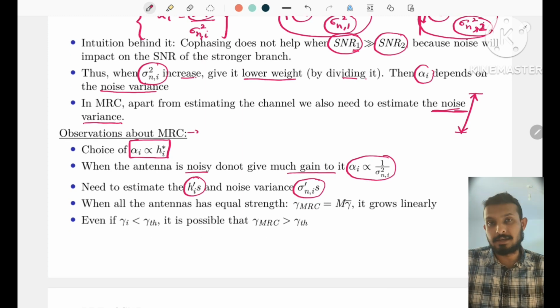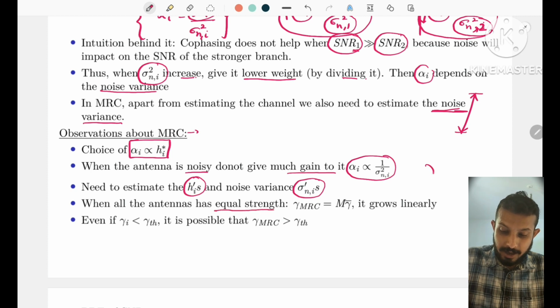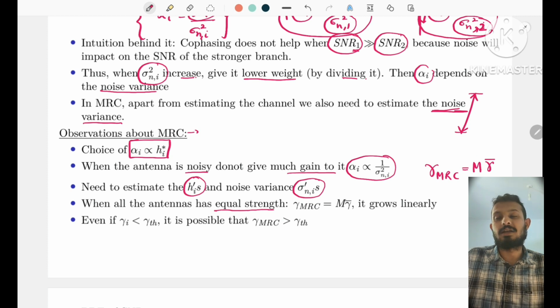of the antenna elements. And when all the antennas have equal strength, in that case gamma_MRC is M times gamma bar, where gamma bar is the SNR of any of the branches, and it grows linearly as we increase the number of antennas.